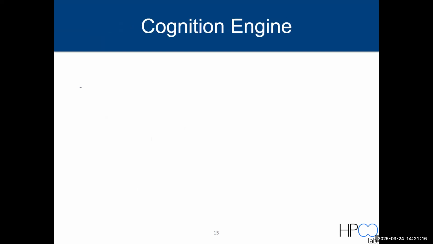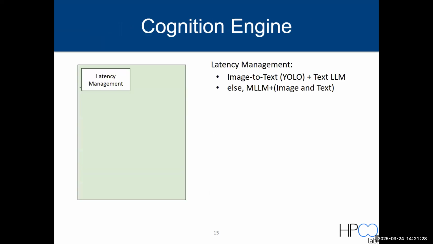The other module in the architecture is the cognition engine. This cognition engine is the core of the whole model, where all the AI is going to be inside. We have this latency management, which I have just briefly explained, where based on the response time of the AI, the flow gets varied.